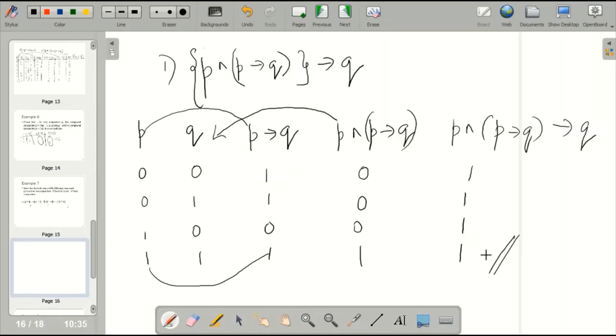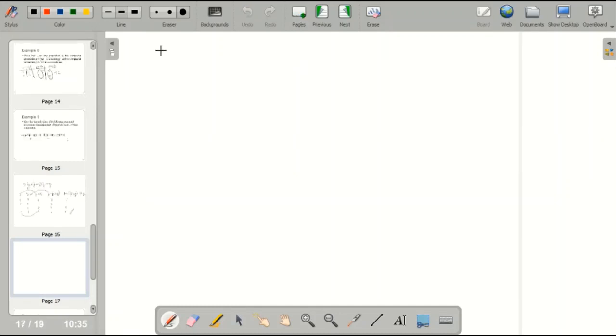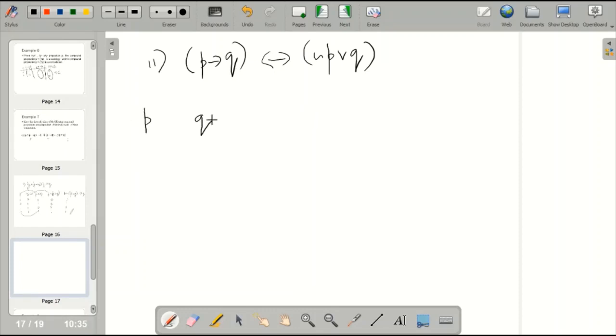Let us solve the second one, in the example 7. So the second one was P conditional Q bidirectional negation of P or Q. Okay, so let us solve this first. So we'll write P, Q again. What all the things we require?